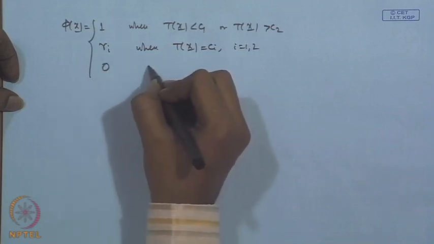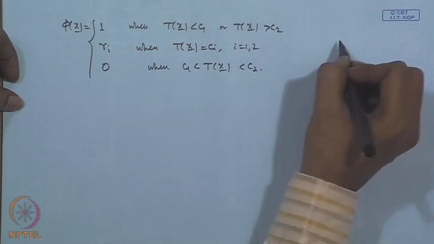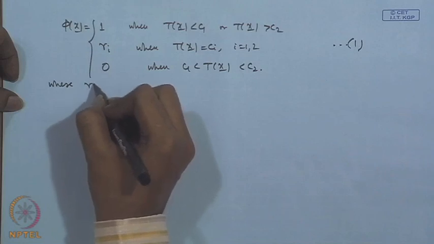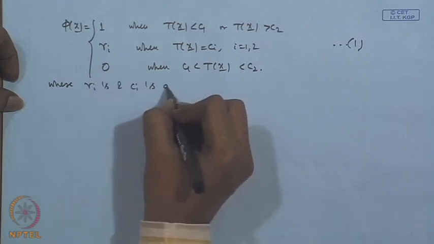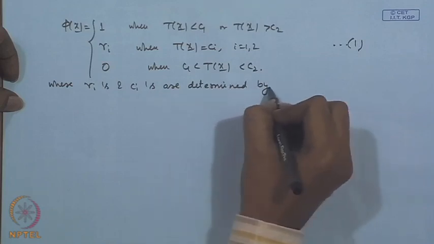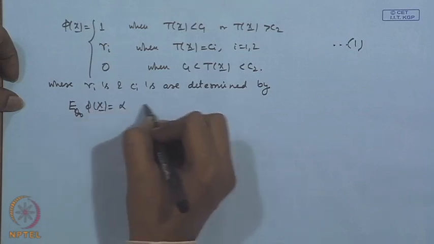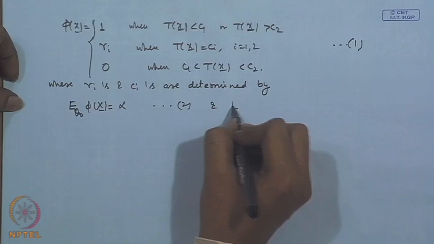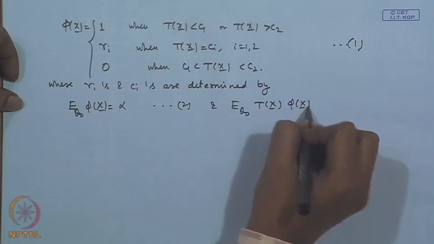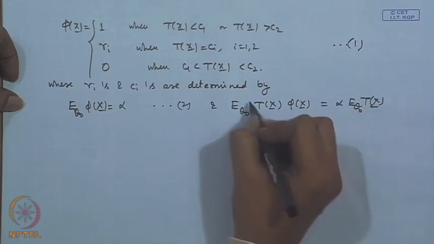It is equal to 0 when c 1 is less than t x is less than c 2, where gamma i's and c i's are determined by expectation of theta naught phi x is equal to alpha and expectation of theta naught T x phi x is equal to alpha times expectation of theta naught T x.